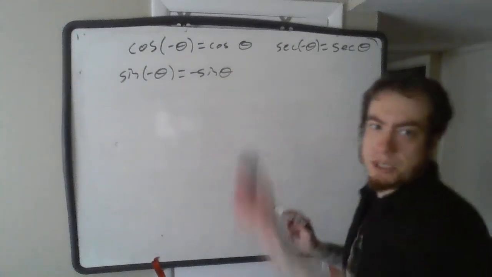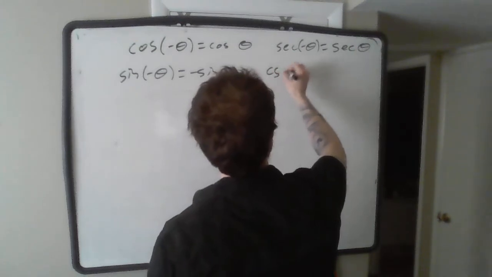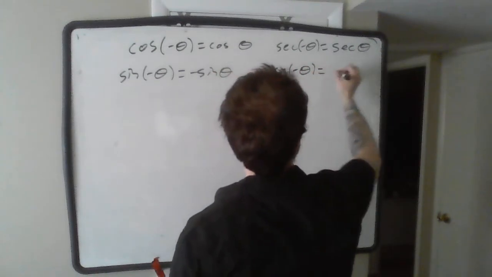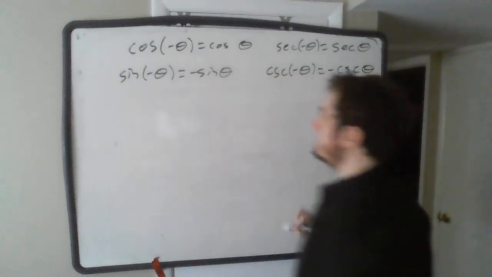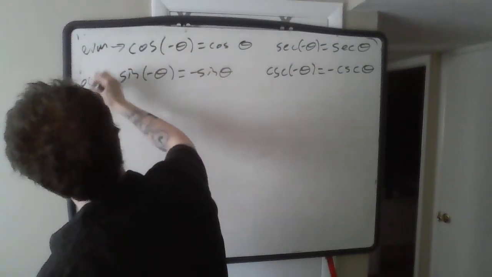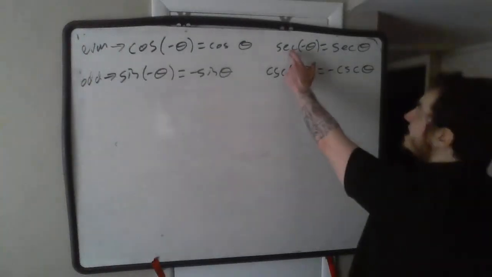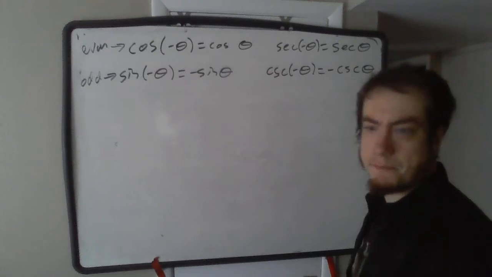And looking at the reciprocal of both sides of this equation, I get that cosecant of negative theta is equal to negative cosecant theta. So remember, this means that the cosine is even and the sine is odd. That also means secant is even and cosecant is odd.